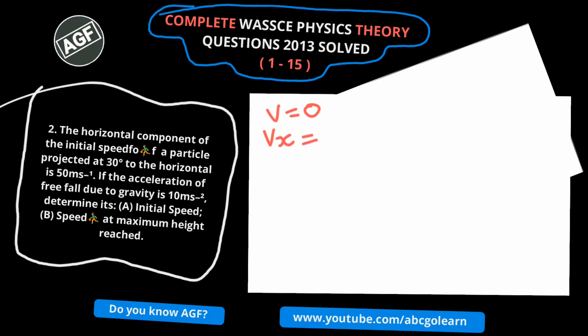So we have Vx to be 50 meters per second, because it doesn't change. It is the initial horizontal component that will still be observed even at maximum height, and the vertical component here would be 0.